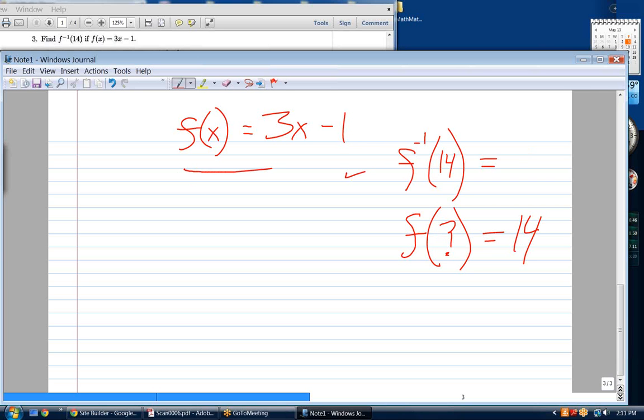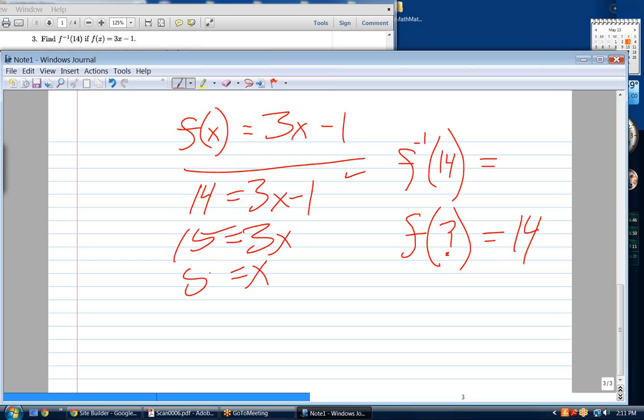Well, if I go up and look for what is equal to 14, that would be 14 is equal to 3x minus 1. 3x is equal to 15. x is equal to 5. So immediately I know that it's 5 and 5.